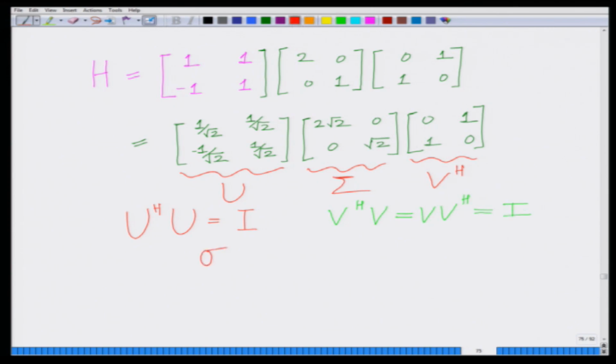The two singular values are sigma 1 equals 2 square root of 2 and sigma 2 equals square root of 2. Both singular values are greater than 0, and sigma 1 is greater than sigma 2, that is, the two singular values are arranged in descending order. Therefore, once again this satisfies all the properties, and this is a valid singular value decomposition.